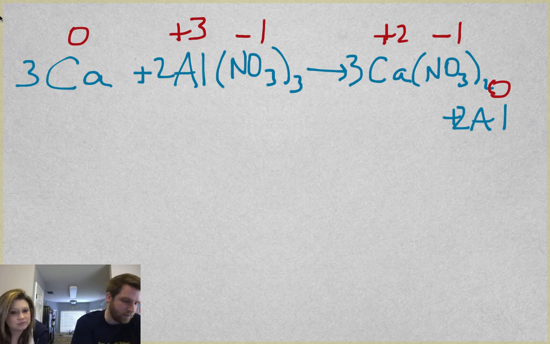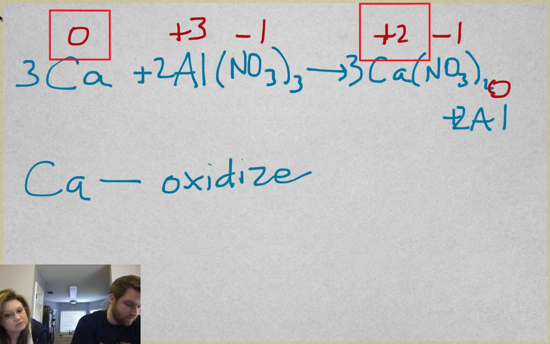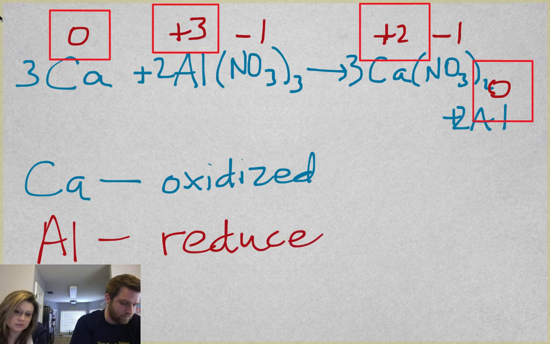What lost electrons? The calcium. The calcium went from 0 to plus 2, so calcium was oxidized. And aluminum went from plus 3 to 0, so aluminum was reduced.